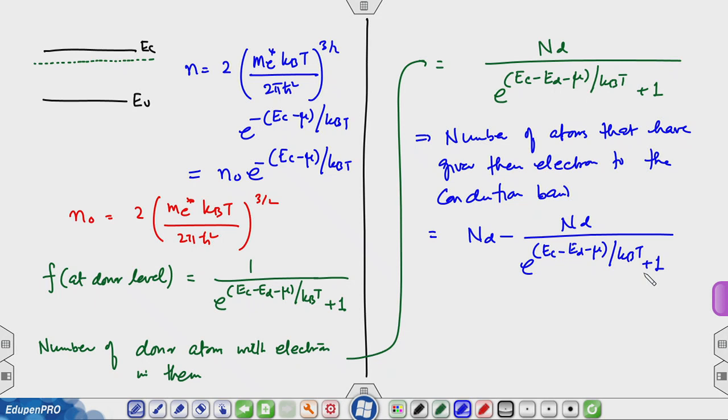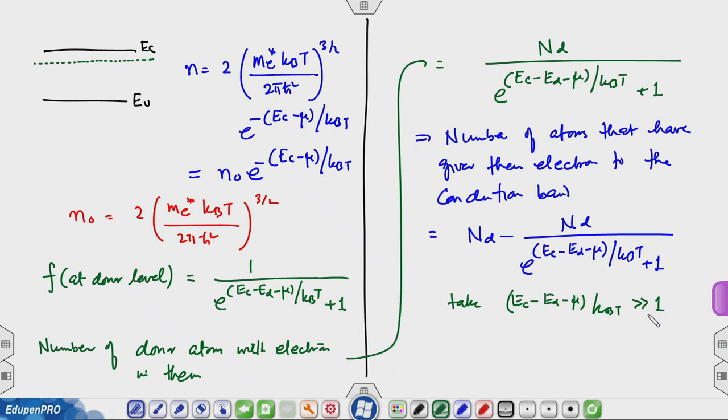And again, making the usual approximation, I take E c minus E d minus mu over k b T to be much greater than 1.